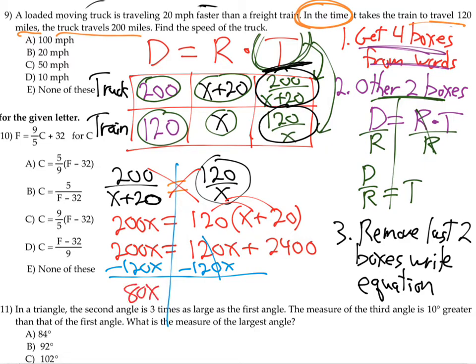And so this is what? 80x is 2400. And what do we do to finish getting x alone there? Divide by 80. So x is, I don't know, 30. Thank you. So x is 30.